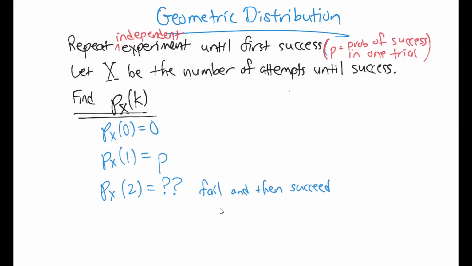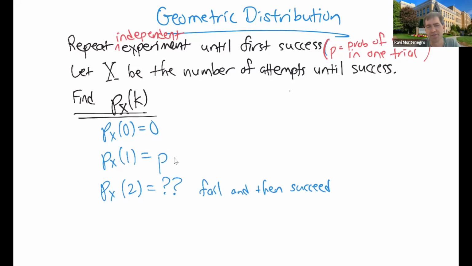1 minus, yeah. The first formula on the screen here was a 0, but that's not actually what we're looking at. We're saying something else. So fail is 1 minus P. And then that means we multiply. And what's the probability I succeed after that?